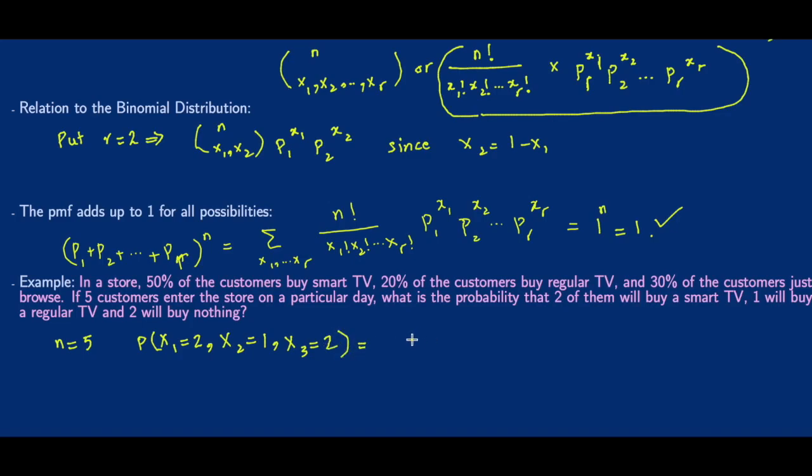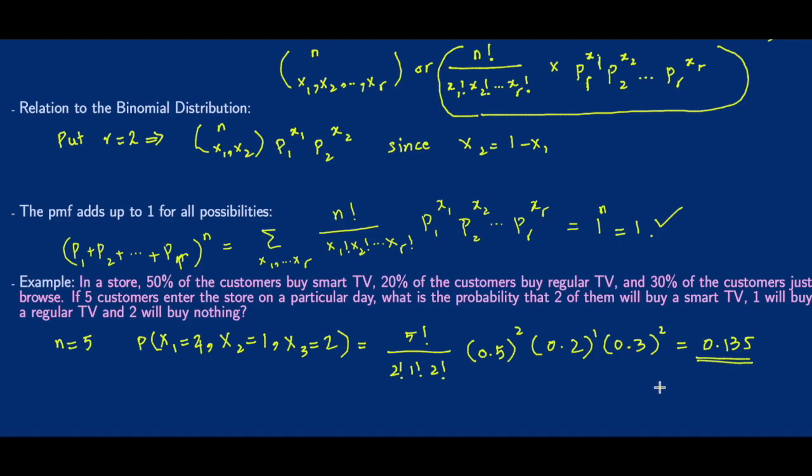This is equal to 5 factorial divided by 2 factorial, 1 factorial, 2 factorial. What is the probability of the first type? 0.5, and we need 2 of those, so 0.5 squared. Then similarly 0.2 to the 1, and 0.3 to the 2. So this number is 0.135.